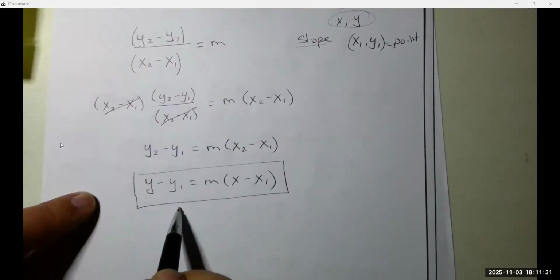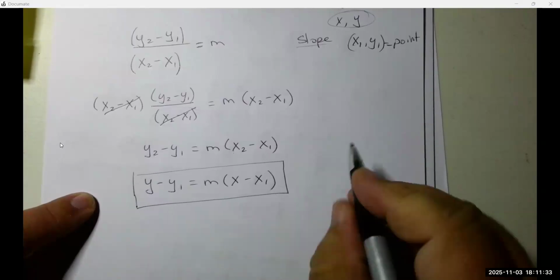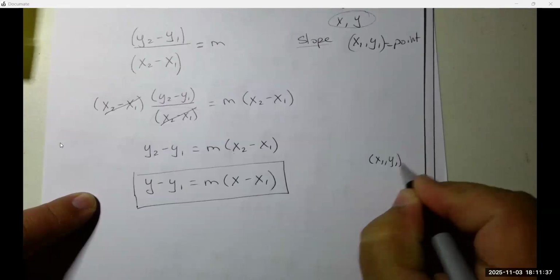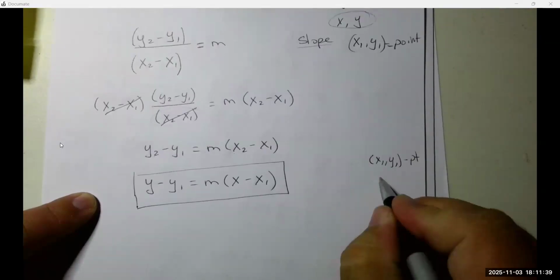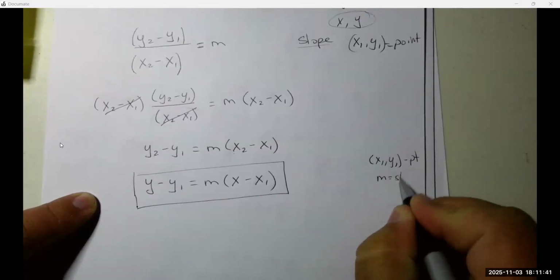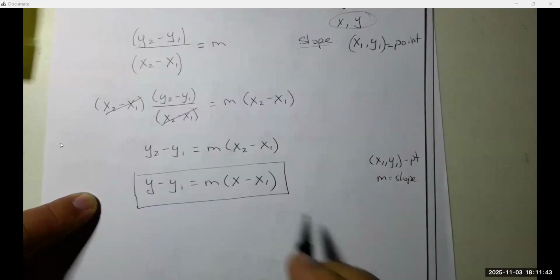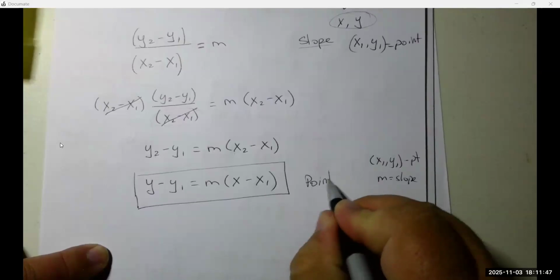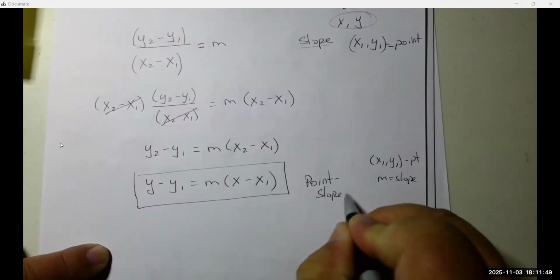In this formula, x1, y1 is a point. M is the slope. So this formula is called the point slope formula.